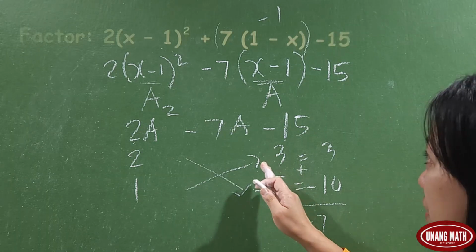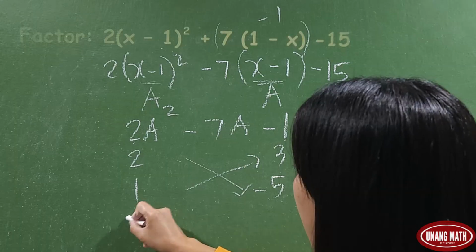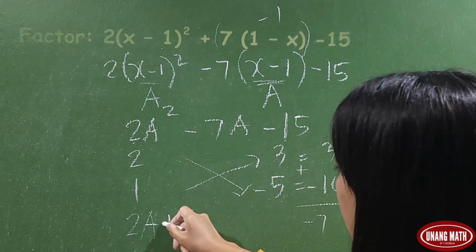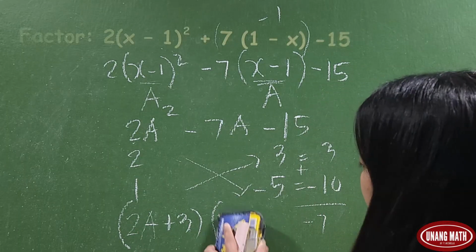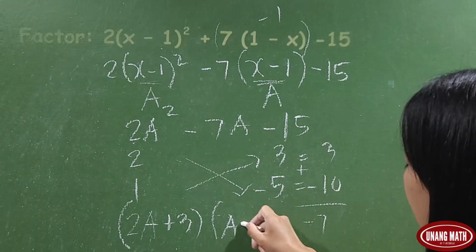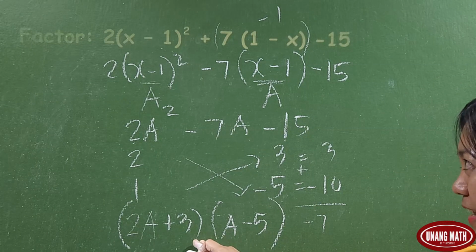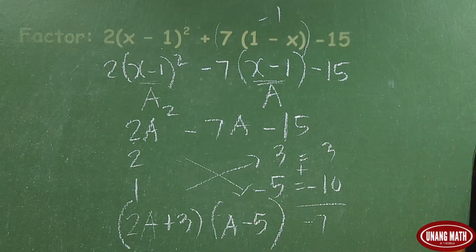So the factors then here would be 2a plus 3 and a minus 5. So we have 2a plus 3 times a minus 5.